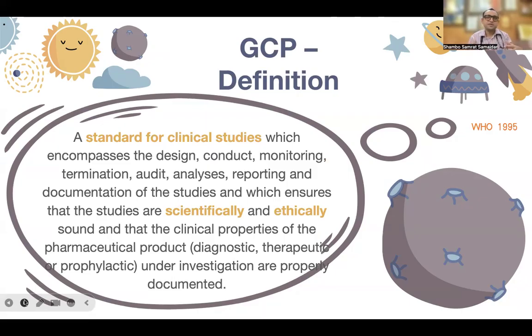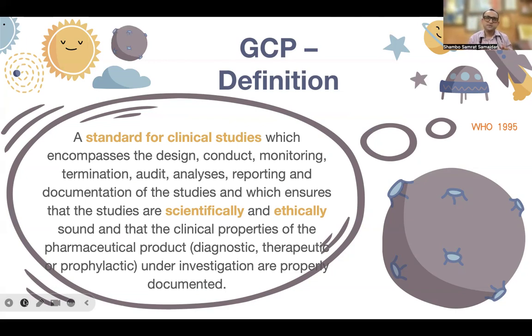All clinical studies, be it clinical trials or other observational studies, the basic issue is the same. This standard should encompass the design, conduct, monitoring, termination, audit, analysis, reporting, and documentation of the studies, and which ensures that the study is scientifically sound and ethically sound.